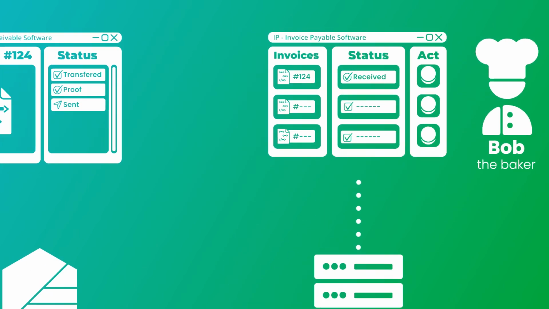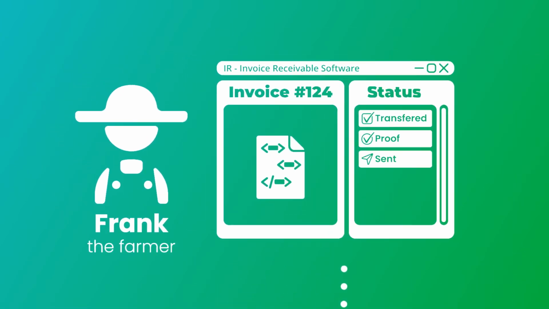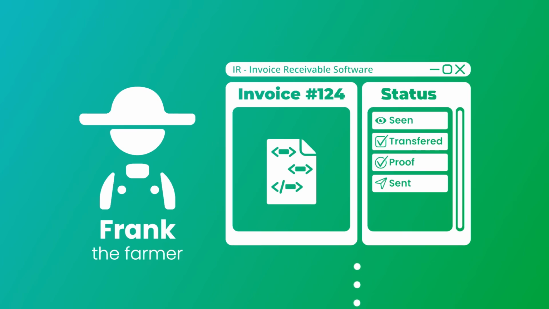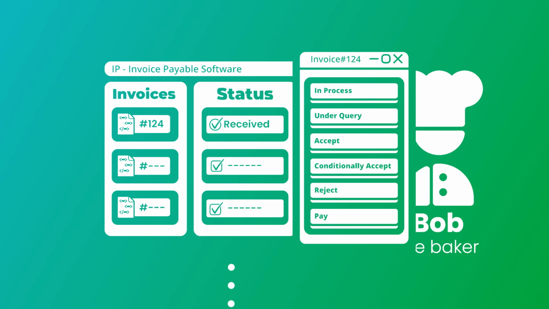The support of invoice response document type is optional, but it is valuable because now Frank knows that the invoice has been received in Bob's IP software. Bob will now process the invoice. He can put it in process, under query, accept it, conditionally accept it, reject it, and pay it. All of these changes in the status of the invoice can lead to new invoice responses.